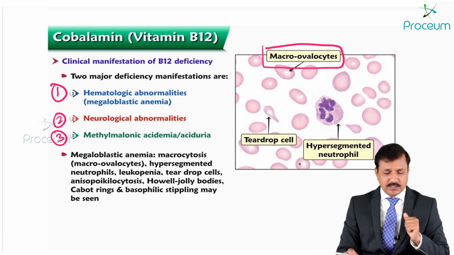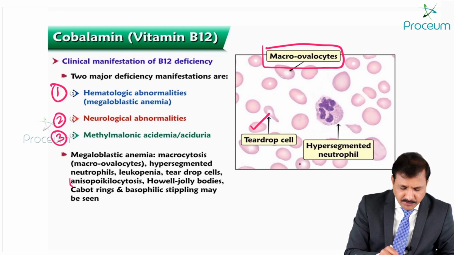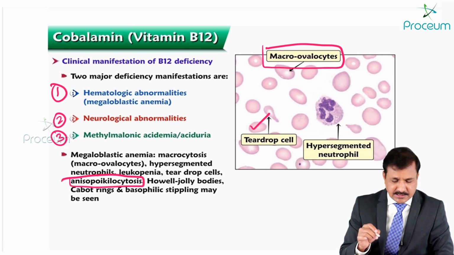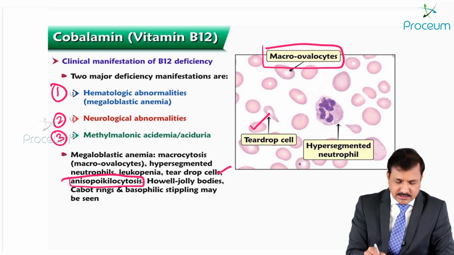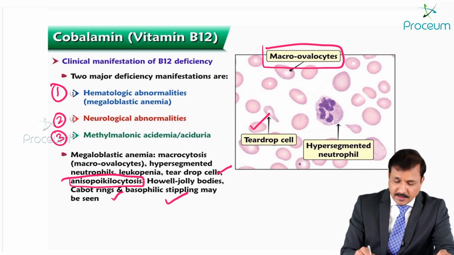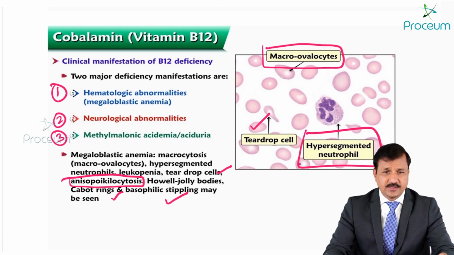Along with macro-ovalocytosis, the peripheral smear will show teardrop cells, and anisopoikilocytosis, that is variation in the size and shape of the red blood cells. Inclusion bodies like Howell-Jolly bodies, Cabot rings, and basophilic stippling can be seen, and also most importantly, the peripheral smear will show hypersegmented neutrophils.